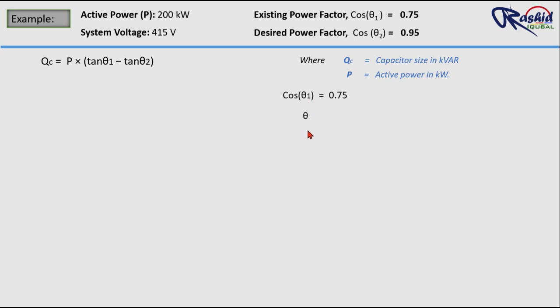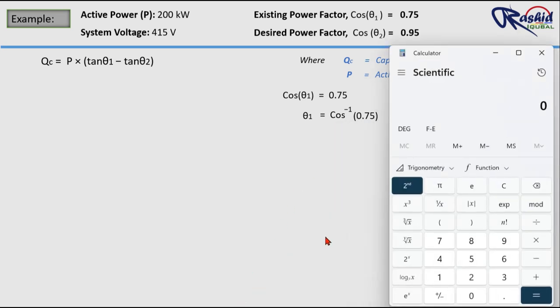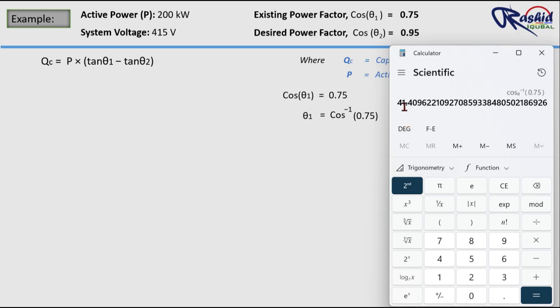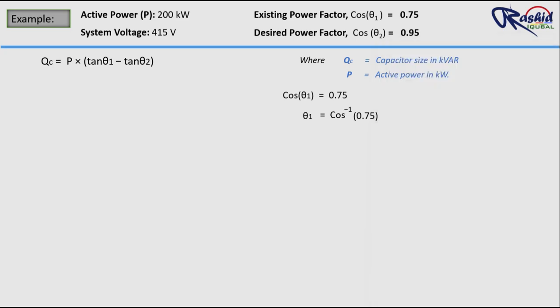To do this, we take the inverse cosine of 0.75. You can easily find the inverse cosine of 0.75 using a calculator. Let me show you how. After calculating, we got theta 1 equal to 41.41 degree.